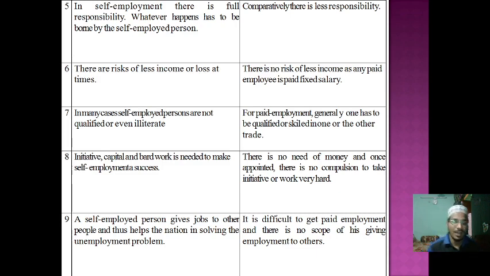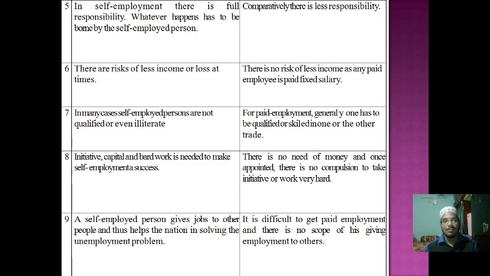They may have the skill to do the work, but they are not educated persons. Managers, on the other hand, are educated persons. Generally one has to be qualified and skilled, and they have trade experience also.